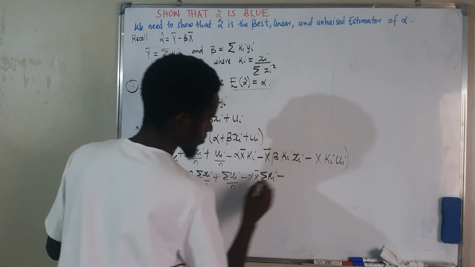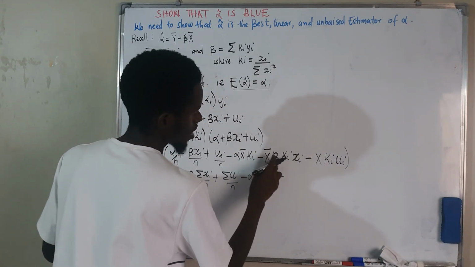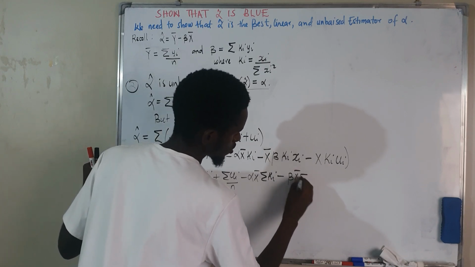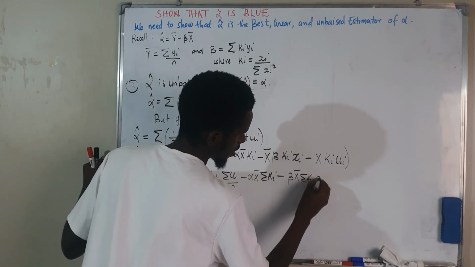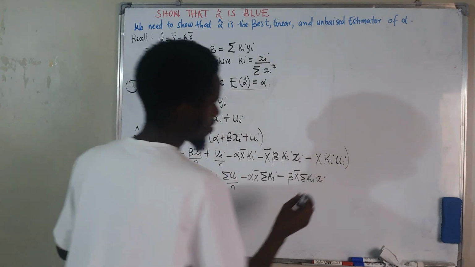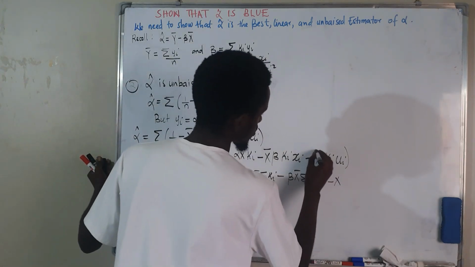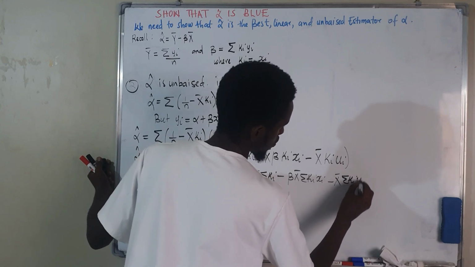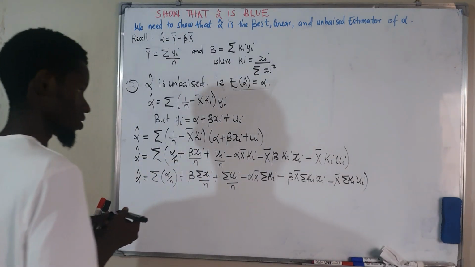Then minus x bar and beta constants, then I have beta x bar, then summation of k_i x_i, that way. Then minus x bar, summation of k_i u_i, that way.